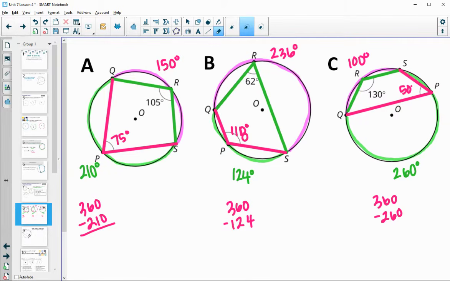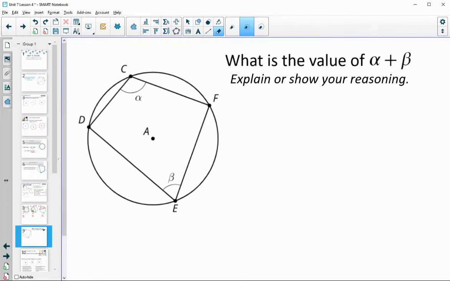All right, then in the next problem, it gives you a diagram like this, and it asks you, now that you've looked at a couple of these, could you determine what the total of alpha and beta, these angles across from each other, add up to? So what is alpha plus beta?